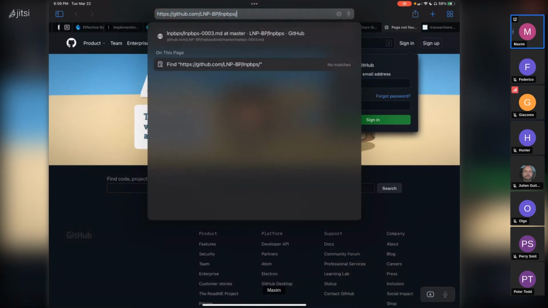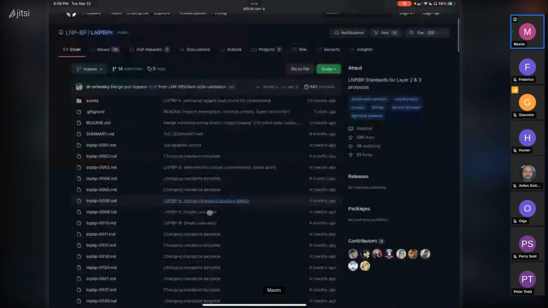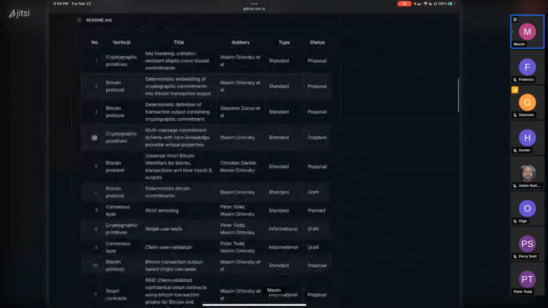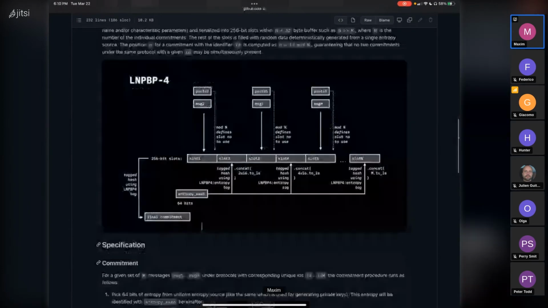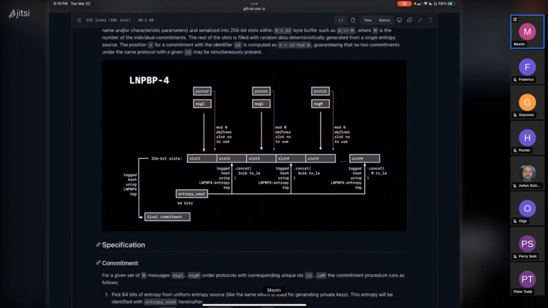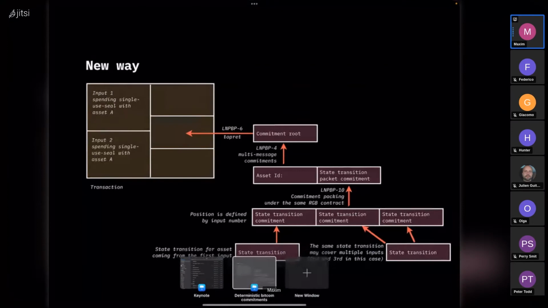It works not just with RGB; the whole idea is a multi-message commitment scheme. So it's already there. But this is a solution to the problem of how to put multiple commitments into the same output.